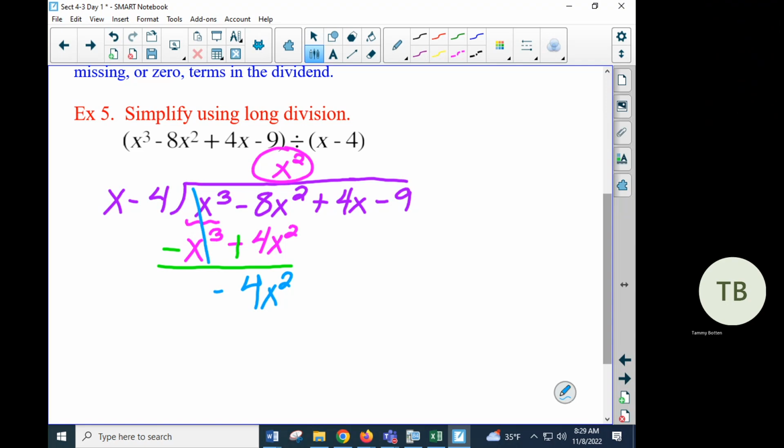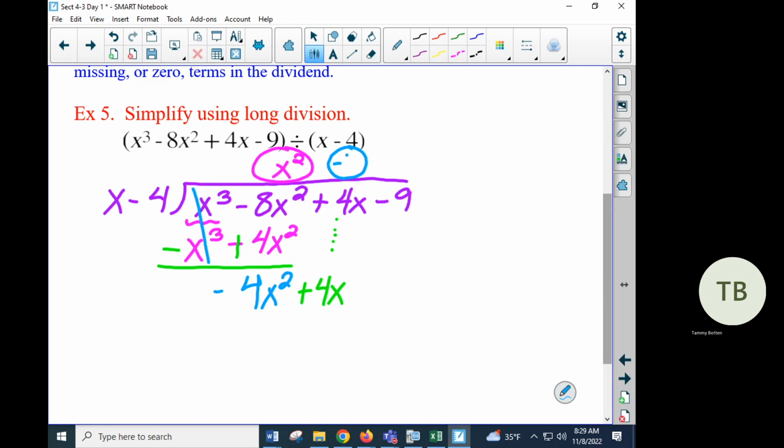And then what you're going to do is think, what do I have to put here so that when I multiply by x, I get negative 4. Oh, sorry, I have to bring this term down first. So I'm going to bring that plus 4x down. Okay. Then I have to think, what times x gives me negative 4x squared?